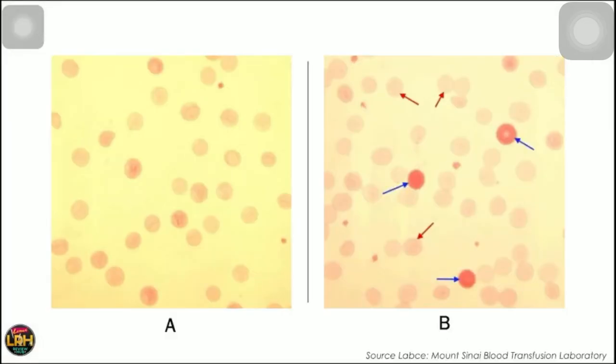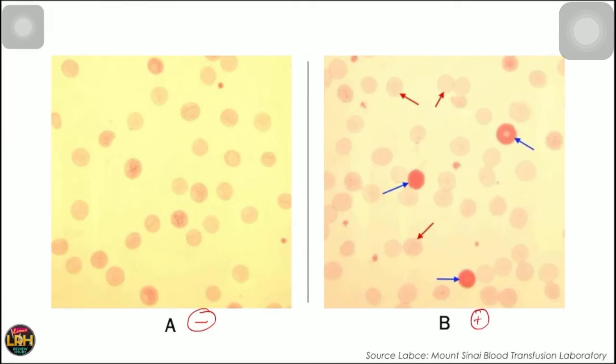So in this picture, the picture shows the results of a Kleihauer-Betke test. Letter A illustrates a negative quantitative test for fetal maternal hemorrhage. For letter B, this is a positive test for the Kleihauer-Betke test.